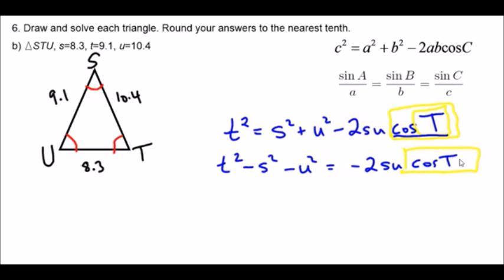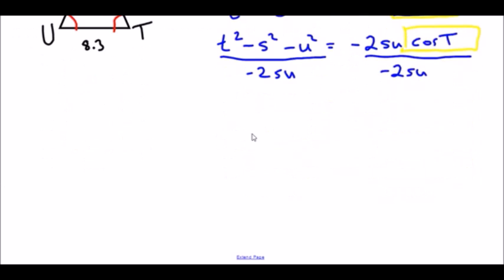So now the thing that I want to isolate is multiplied by negative 2su. So to get rid of multiply, we divide. So I'm going to divide both sides by negative 2su. And over here, I'm just going to rewrite what I have.